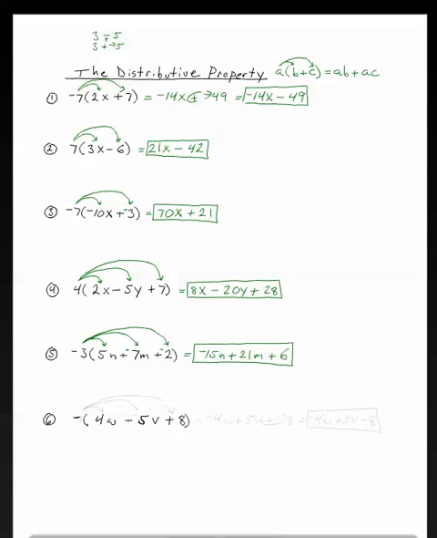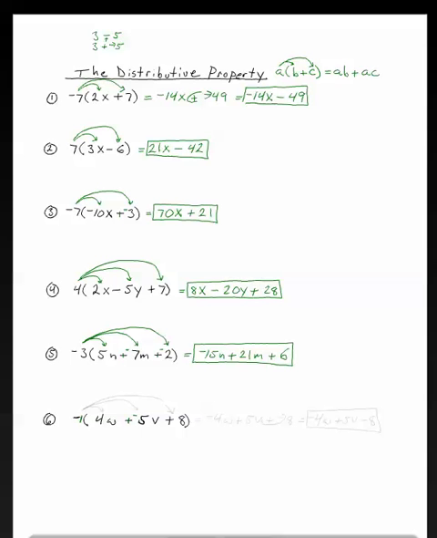Finally, in number 6, we've got just a negative sign on the outside of the parentheses. And we've said that anytime you see just a negative sign, we want to think about that like it's a -1. Since I'm going to be distributing a negative number, this minus 5v I want to change to plus negative 5v.